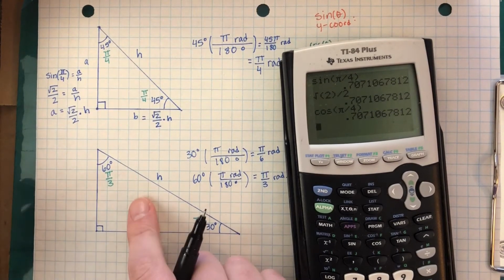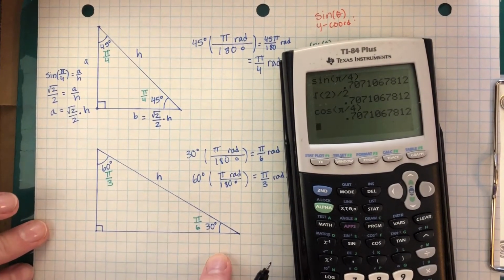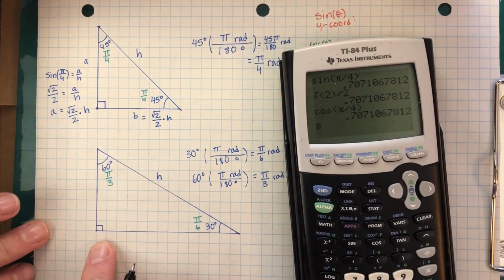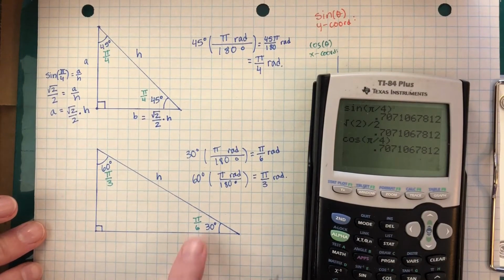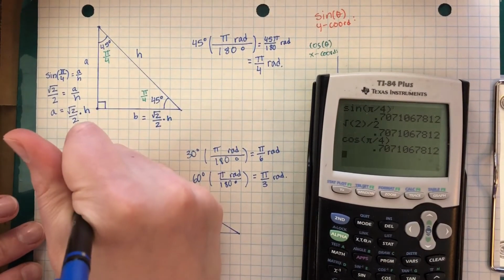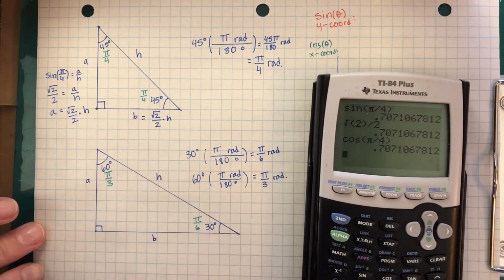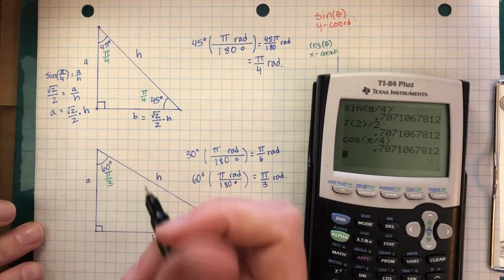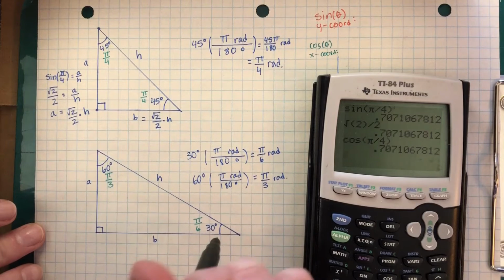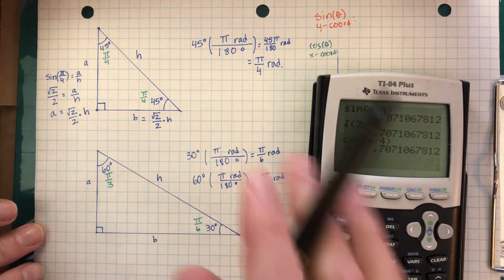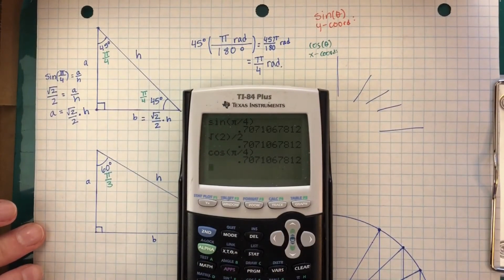Okay, now let's talk about the 30, 60, 90 right triangle. So I'll call this side A again, and this side B. I know that A over H needs to be the sine of pi over 6. So I'll type in the sine of pi over 6.